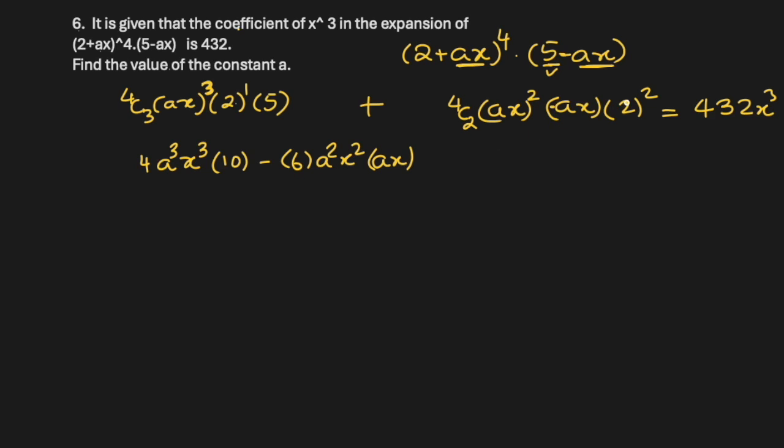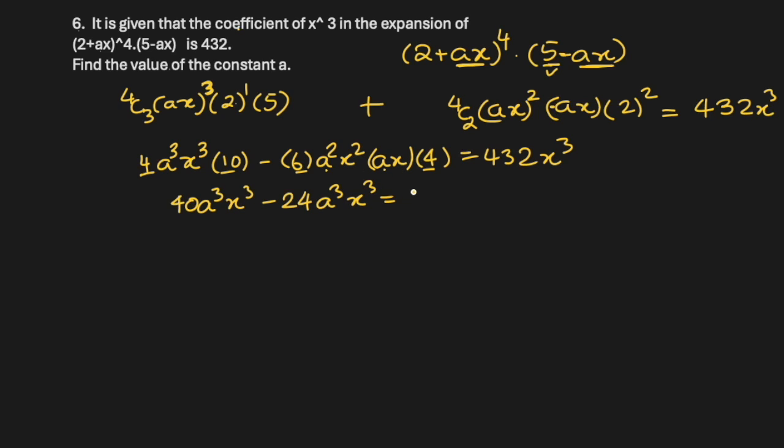Now 2 square is 4, and this is equal to 432 x cube. So this becomes 4 times 10, 40 a cube x cube minus 6 times 4, 24, and a square times a will be a cube, and x square times x will be x cube.